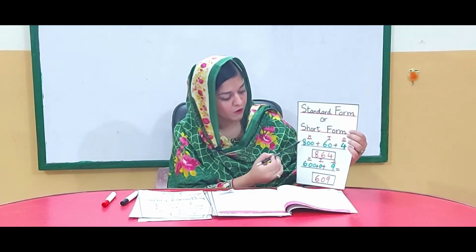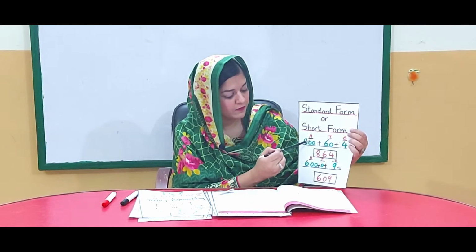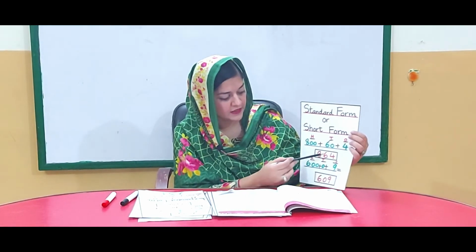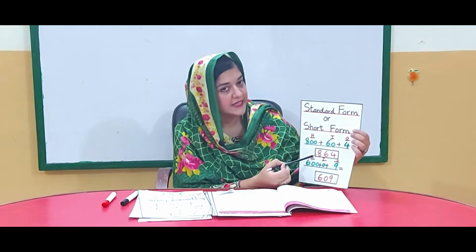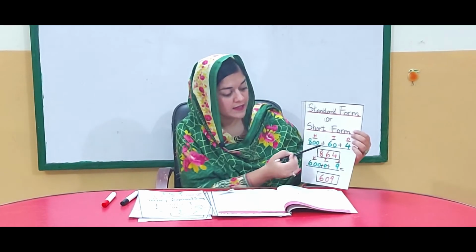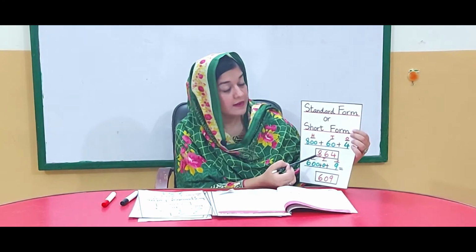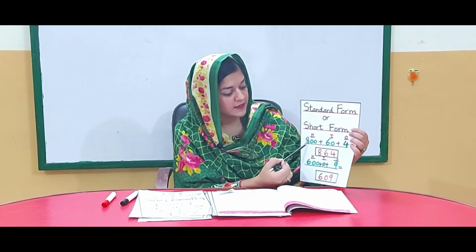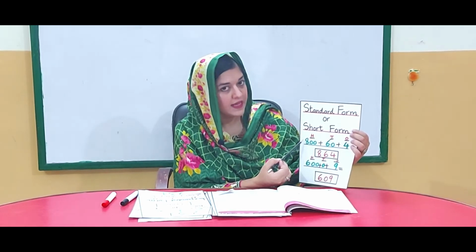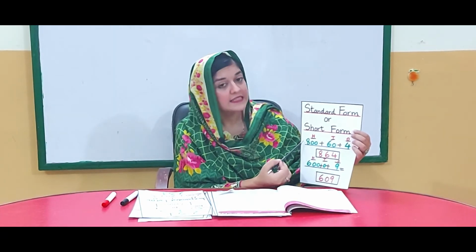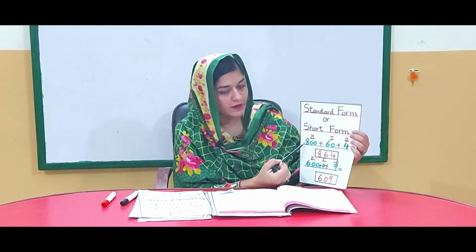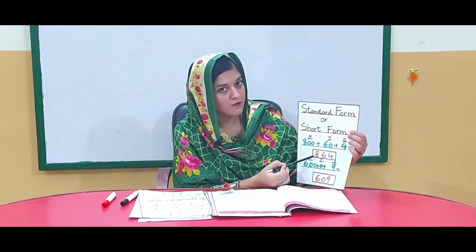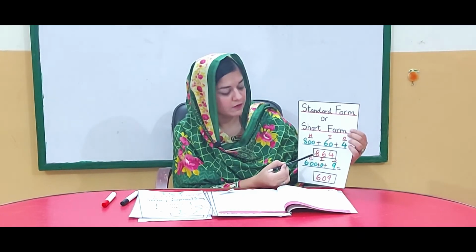How will we write this? First we will omit the plus signs and write 864. Which form is this? Standard or short form. And this one is written in expanded form.